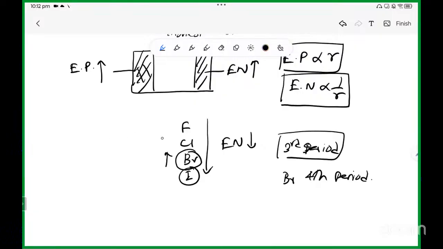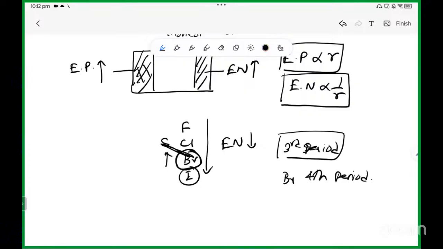Because sulfur is here, bromine is here, they have a diagonal relationship. Bromine definitely has a higher radius than sulfur, that is for sure.